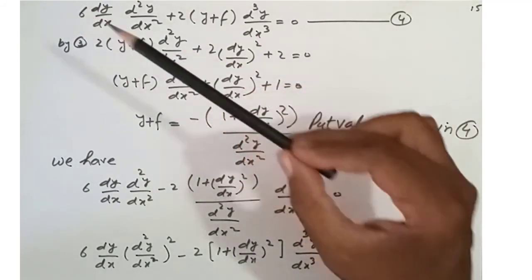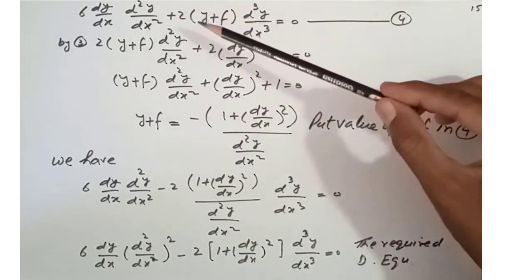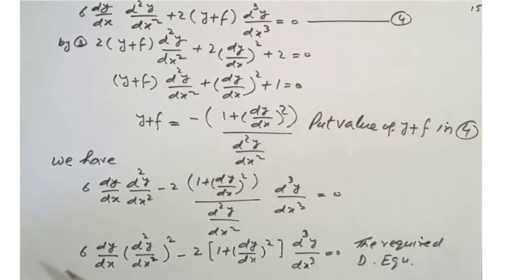So this becomes 6 dy by dx d2y by dx square, and this is minus 2 into 1 plus dy by dx square over d2y by dx square, and this is d3y by dx cube equal to 0.